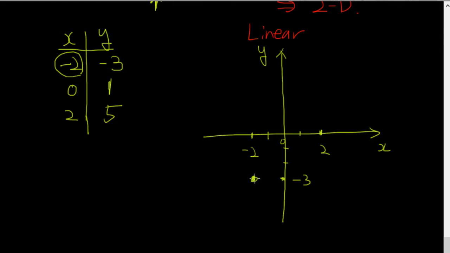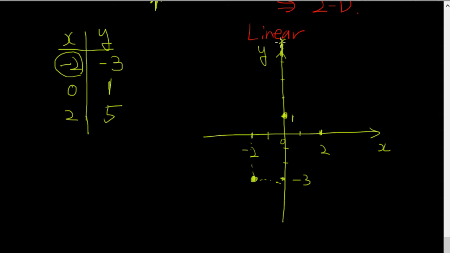So we have this point. When x equals 0, y is going to be 1, right there. That's another point. When x equals 2, y is going to be 5. So 1, 2, 3, 4, 5 should be about here.